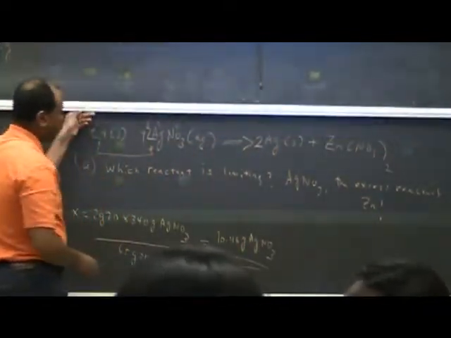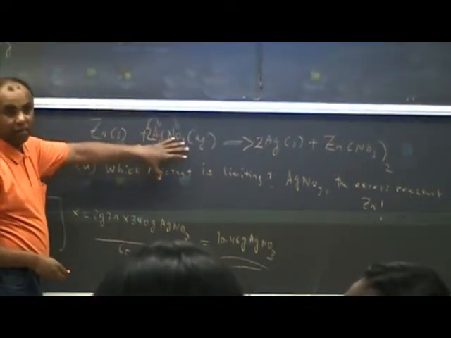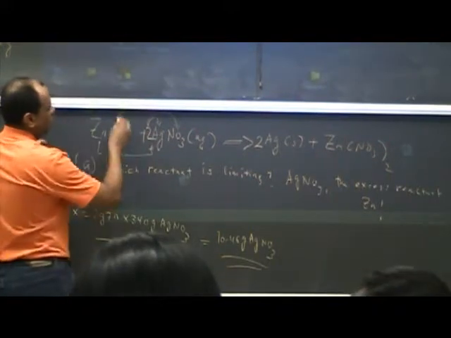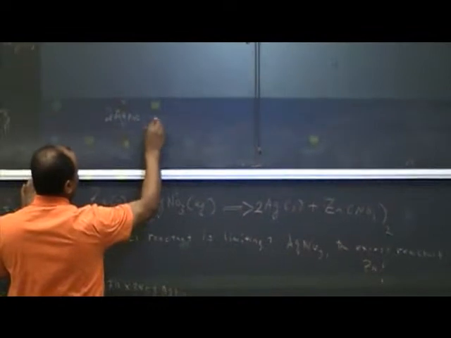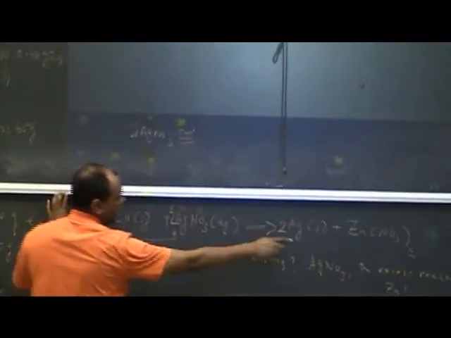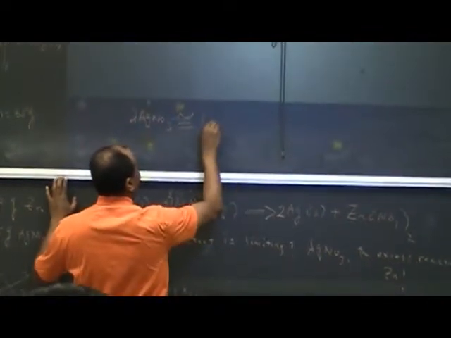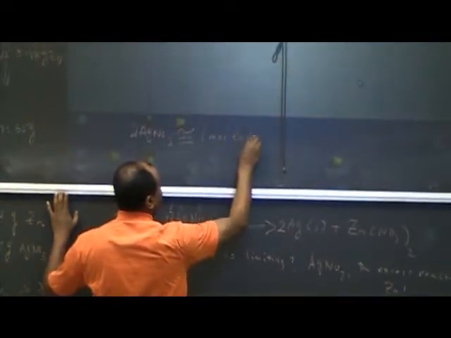I have to go back to the chemical equation. According to this equation, 2 moles of silver nitrate is stoichiometrically equal to 1 mole of zinc nitrate.